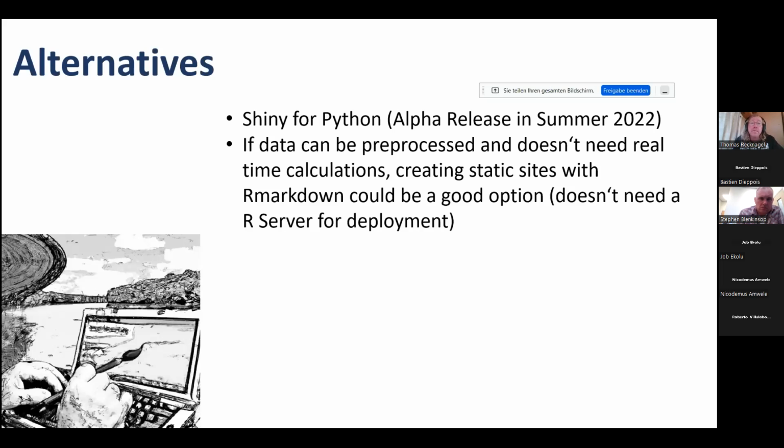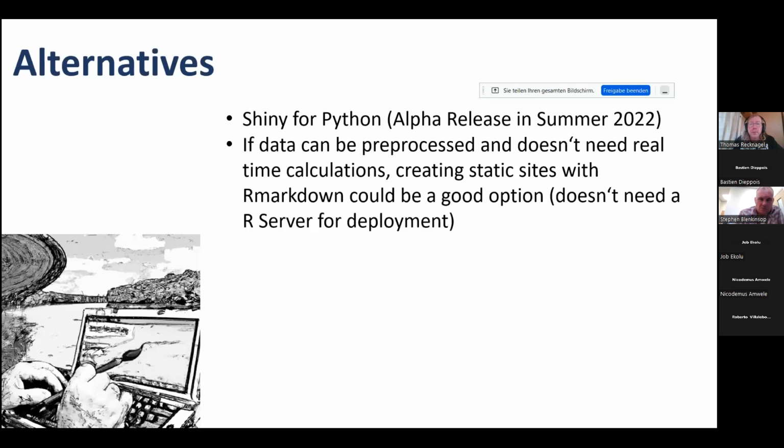And also, if data can be pre-processed and you don't need real-time calculations, it's of course always an option to create static sites with R Markdown and deploy these, because then you wouldn't need an R server for deployment.